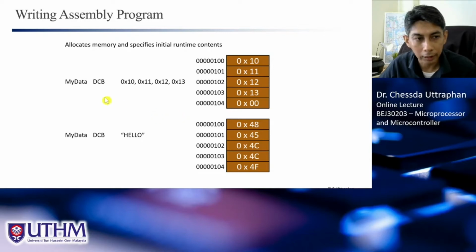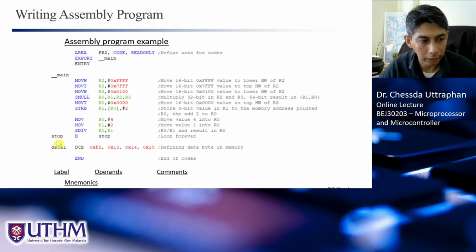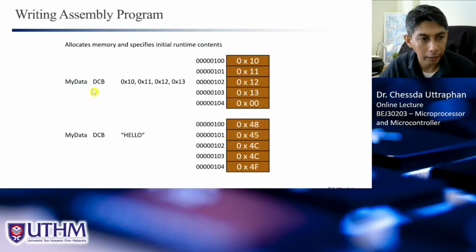So for example, when we write my data, and dc.b means that my data is in byte size. DC is define constant, b is size byte. So if I write like this, this is the first byte, second byte, third and fourth. In the memory, it will store like this.